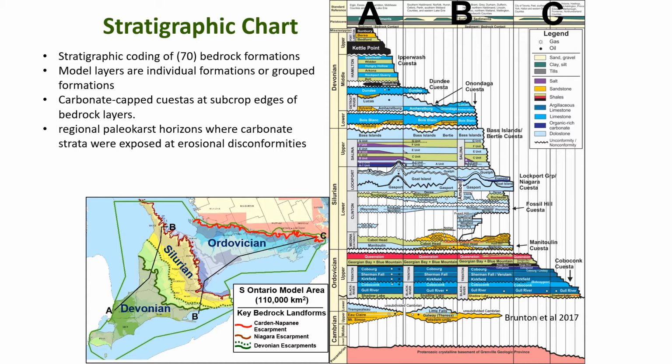The erosional profile of the subcrop edges is represented on the chart, showing the frequent occurrence of carbonate-capped cuestas. Of particular importance for groundwater movement are the regional paleokarst horizons where carbonate strata were subaerially exposed at erosional disconformities in the geologic past.